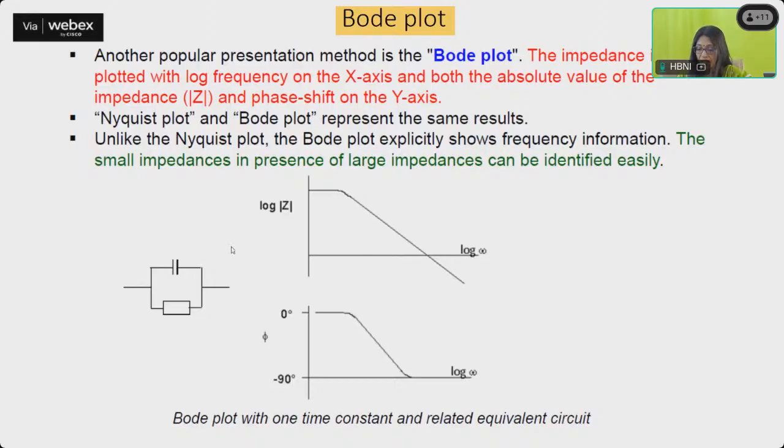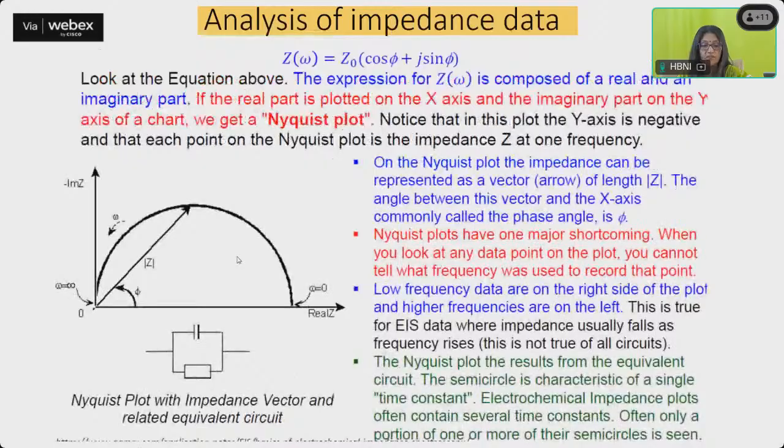In the Nyquist plot, when I go back, when you look into this plot, you are not able to make out what the frequency is. And if you remember, we are applying quite a lot of frequency, from millihertz to megahertz. We are applying that frequency change. So when you look into the Nyquist plot, you are not able to make out the frequency at which this particular point has been plotted.